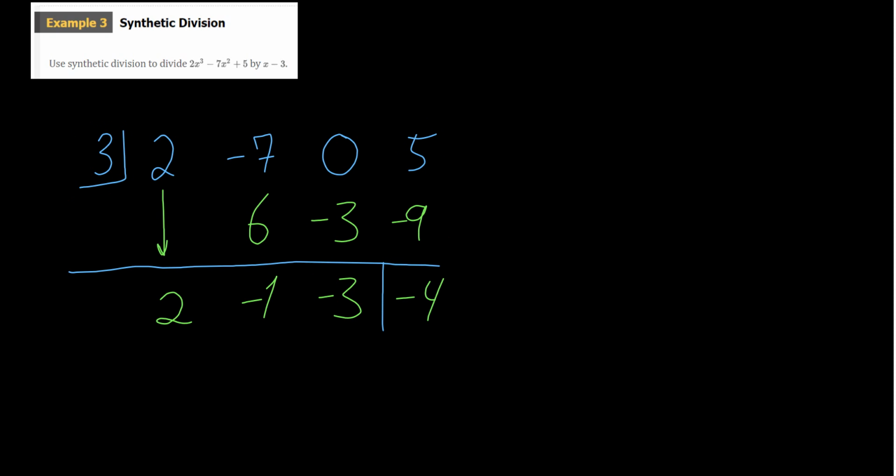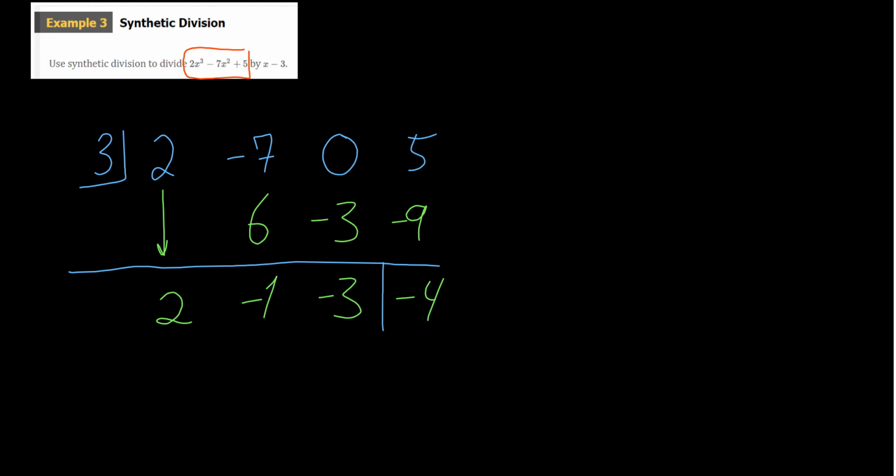Okay, so here's what's happening. I am taking this polynomial and I'm dividing it by x minus 3. We need to look at this and say, okay, this is a third degree polynomial.